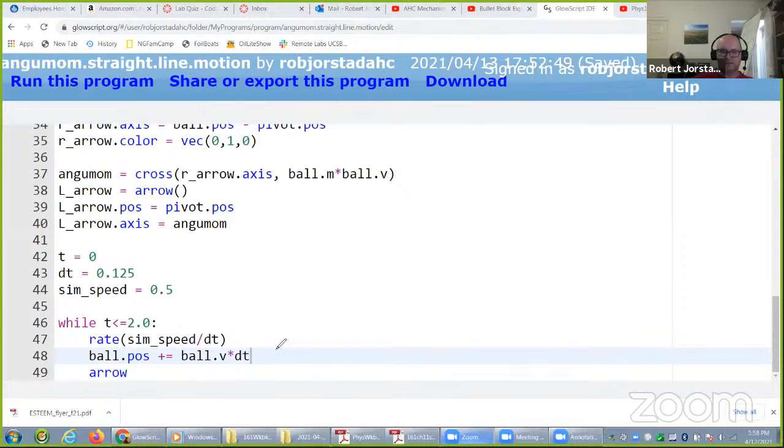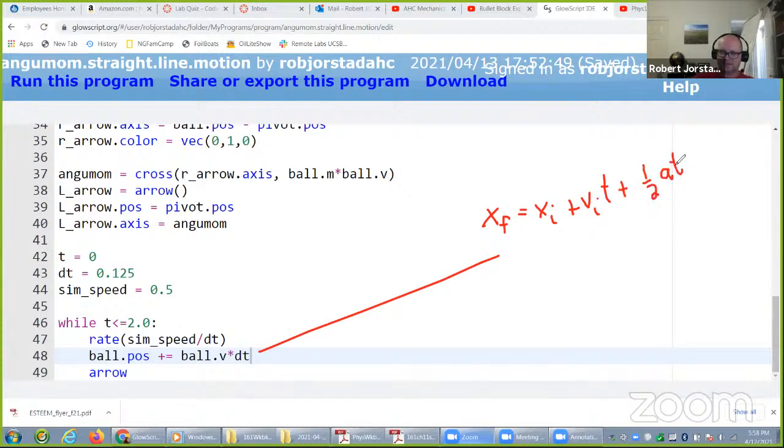Let me get a different color. This equation is essentially saying x final equals x initial plus v initial t plus 1/2 a t squared, except in this particular problem, a is equal to 0. So that's all I'm doing right there. That's what this equation is.